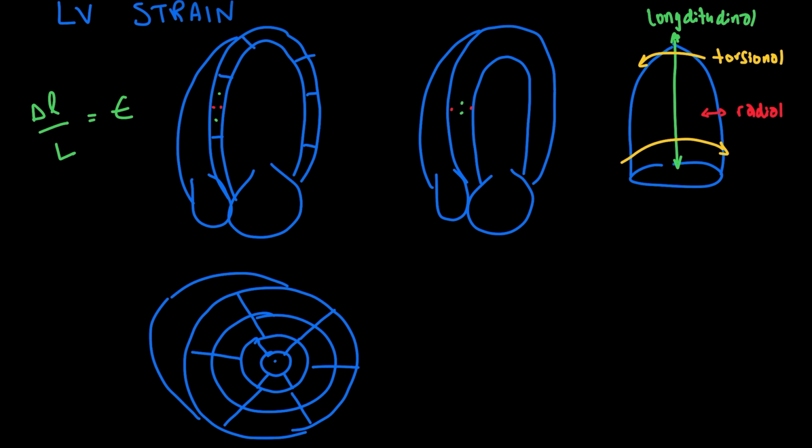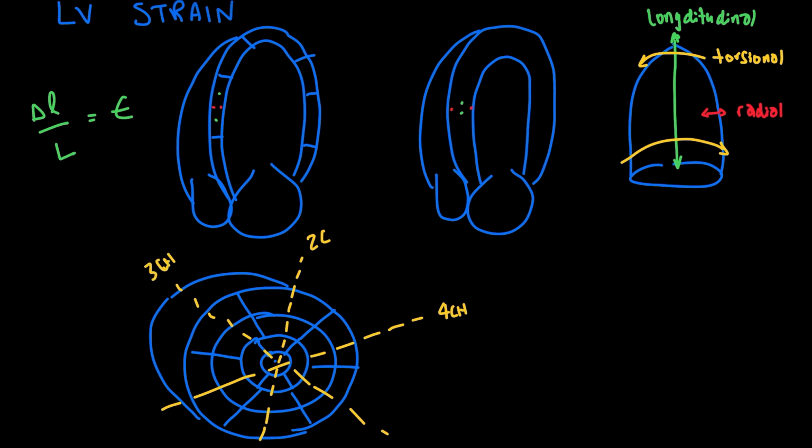And then you can look at your two-chamber, your three-chamber views. In fact, let me show how those would. So your two-chamber would be looking right here. This would be your two-chamber view. The four-chamber view that I drew would be looking something like this. And then your three-chamber view would fill in these segments over here.